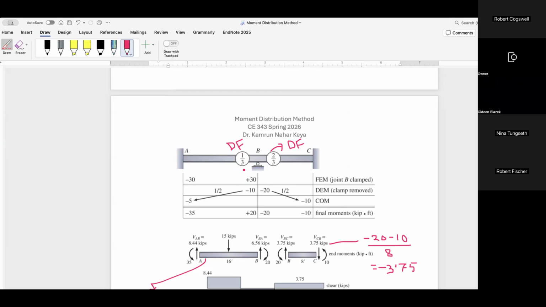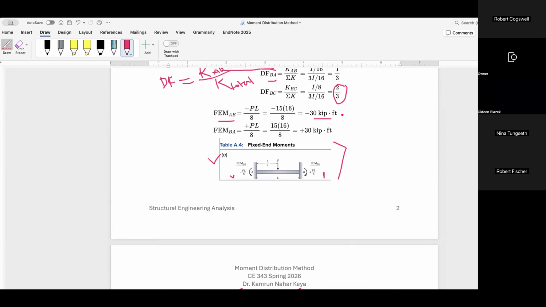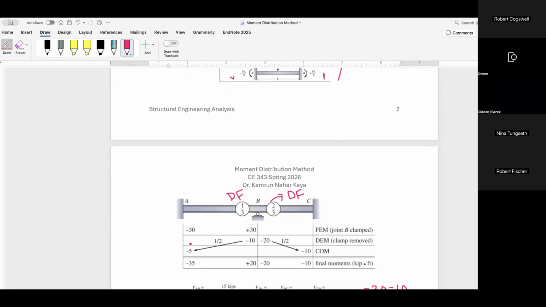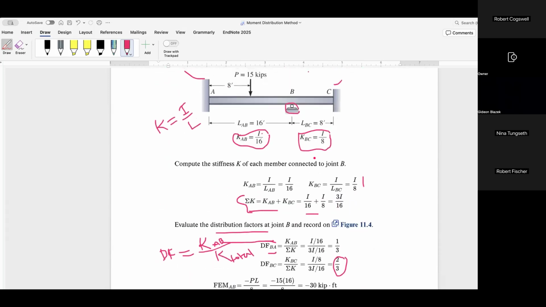They wrote it on top of the beam, you can write it below the beam near point B, 1/3 and this one is 2/3. And then the FEM you computed a few minutes ago, minus 30 plus 30, just write that. And here we have nothing because it was free, no load was applied. Remember that if there is no load applied, FEM equals 0. So we use the same concept we learned before.